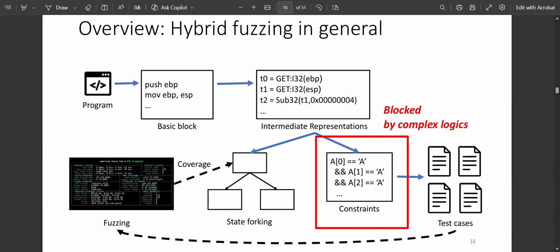So in the hybrid fuzzing system, the constraint model is being blocked by complex logic where you cannot get the effective outcome that you want, and the system also takes a lot of time to process the whole thing and convert it into test cases.